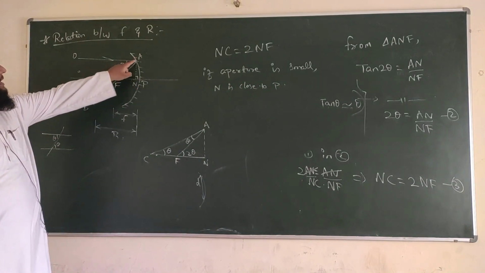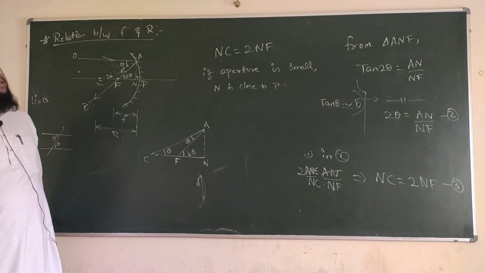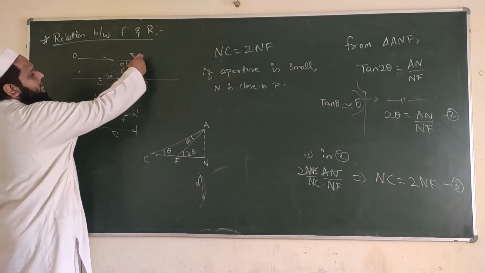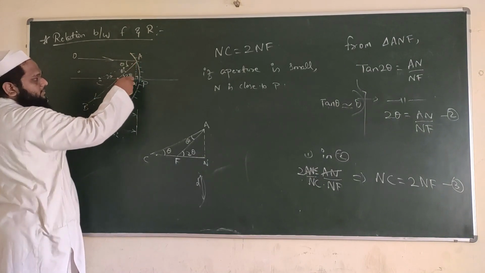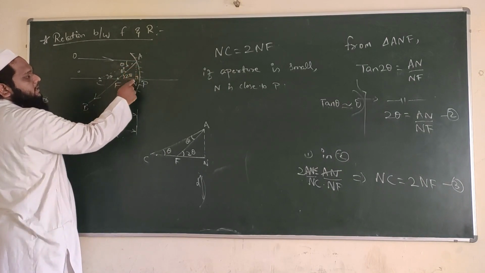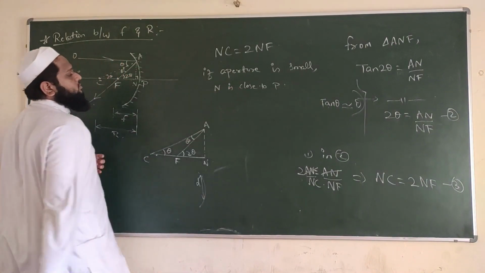Because if this effective diameter becomes small, A will be coming closer to P. If A is coming close to P, the perpendicular from A will also come close to P. So as A moves down, N keeps moving towards P. That's why N is close to P.